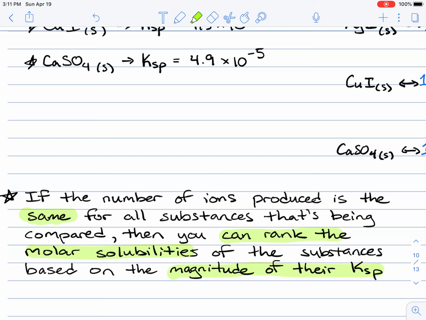So AgI will have the lowest molar solubility. I'm just basing this on the magnitude of the KSP, just because the number of ions they produce is the same. So that is the requirement. And I'm going to go ahead and prove this to you.